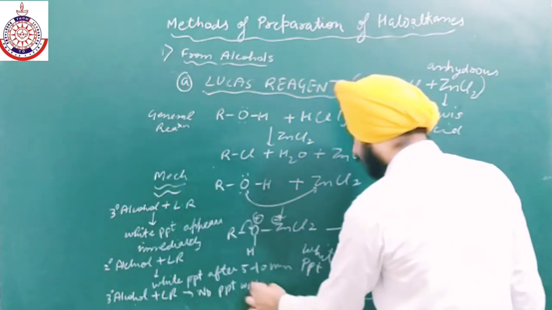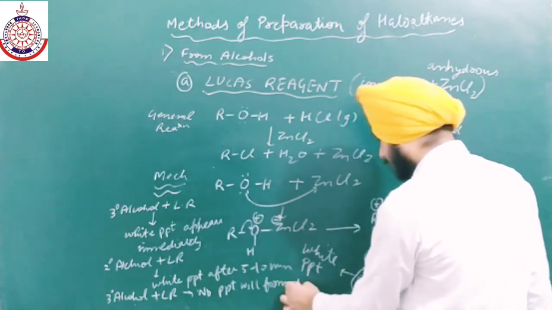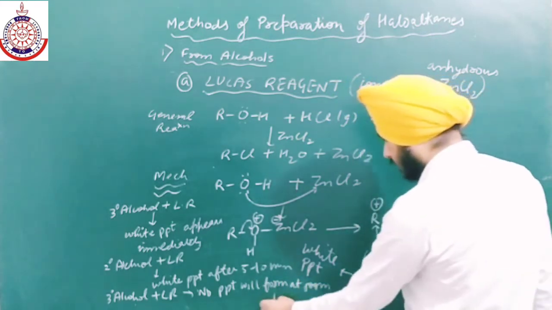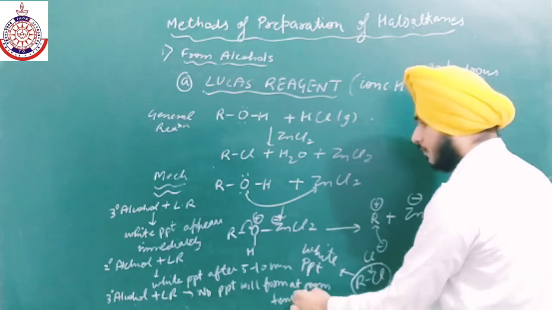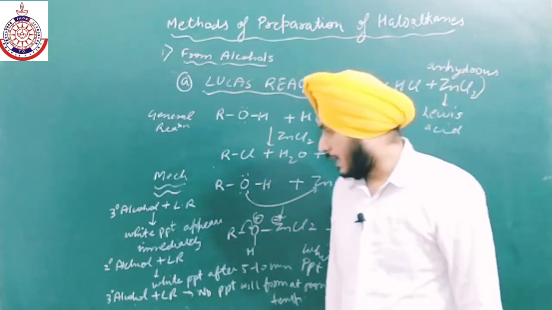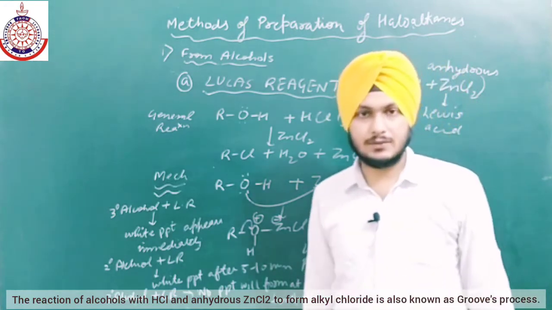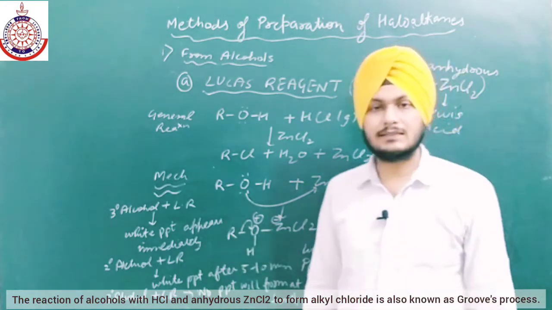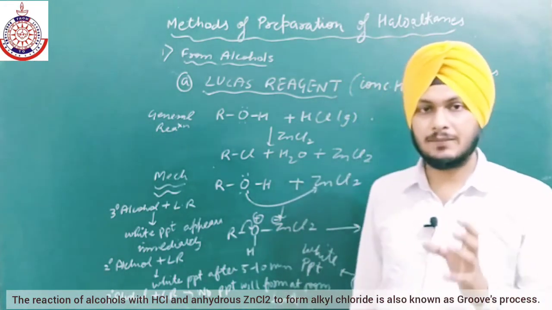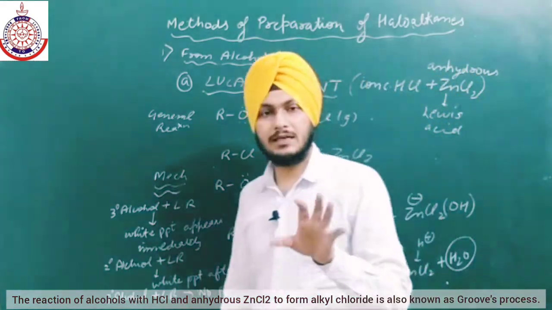And in case of 1 degree alcohols, on reaction with Lucas reagent, no PPT will form at room temperature, and we have to supply some amount of heat in order to get the PPTs. Okay. So this is a very good test in order to distinguish whether the alcohol is primary, secondary or tertiary.